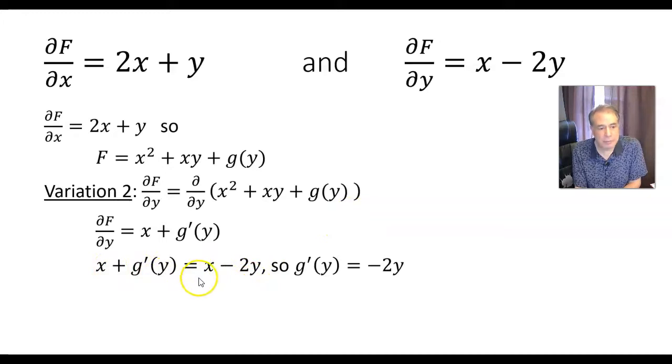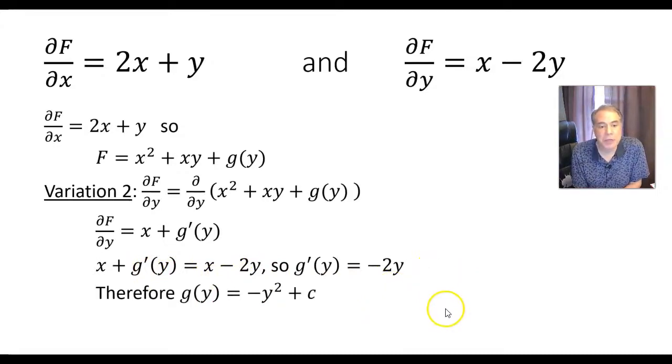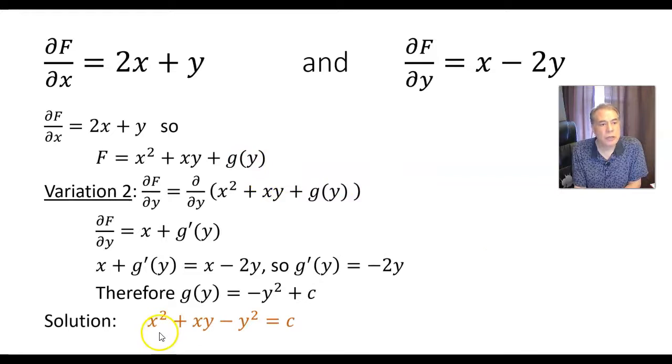The x's are the same, so the g prime of y must be the minus 2y, and then going backwards, anti-differentiating that, we get that g of y must be negative y squared, plus a numerical constant. So we can go back up here and fill that in for what g of y is. Now we know it's minus y squared, plus a constant. And we get our solution to the differential equation. We got f on one side, x squared plus xy minus y squared, equal to c on the other side.